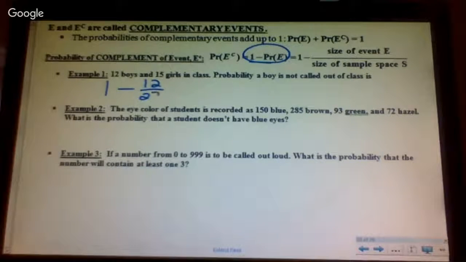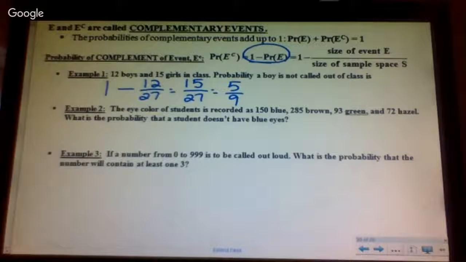So 12 out of 27 is the probability of a boy being called out, which means the probability of not a boy is 1 minus that. Change it to a fraction. 15 over 27, which is 5 over 9. It reduces down.